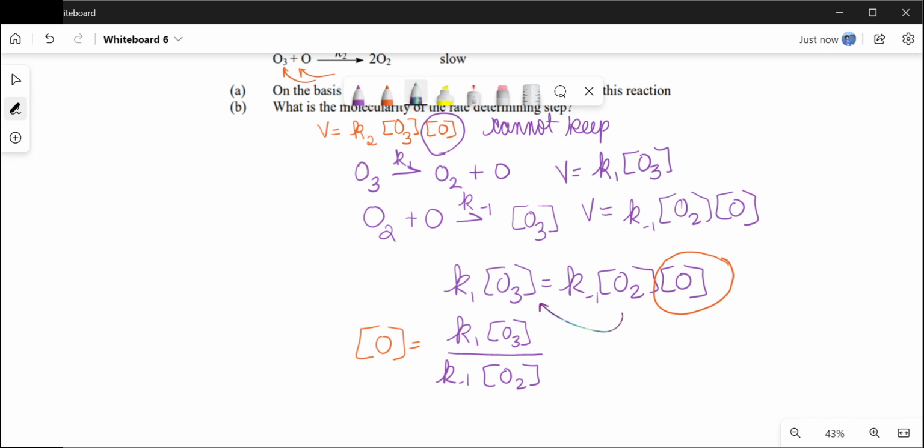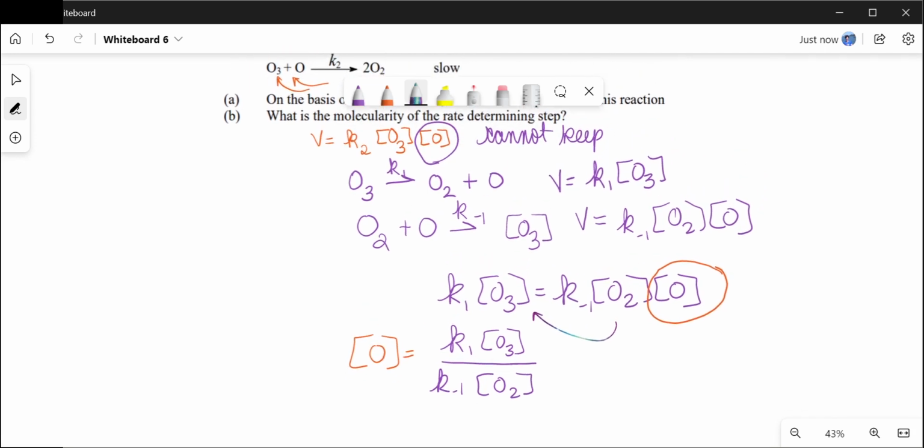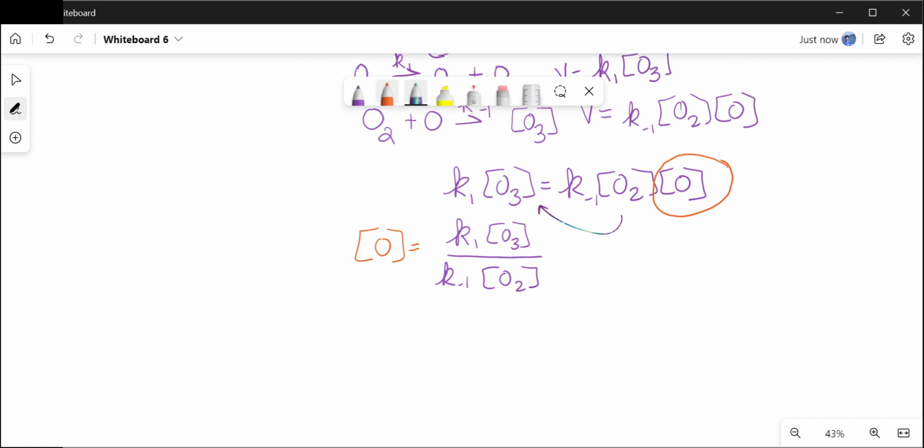Now I can plug this back into the rate expression I had at the beginning. I had V equals K2 times O3 times O. Now I can get rid of my O and plug in my value of O, which is K1 times O3 over K minus 1 times O2.